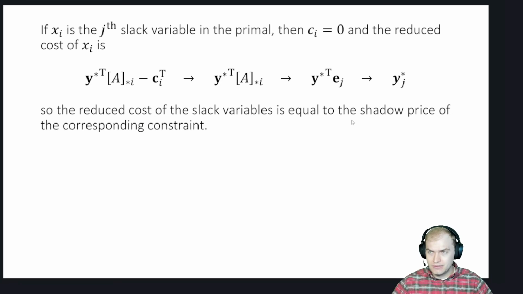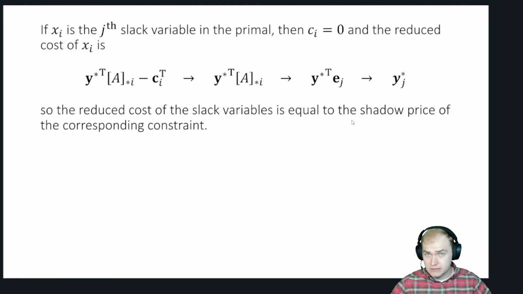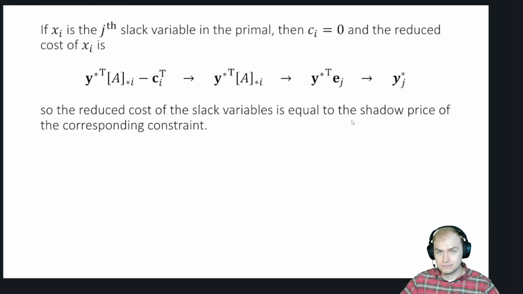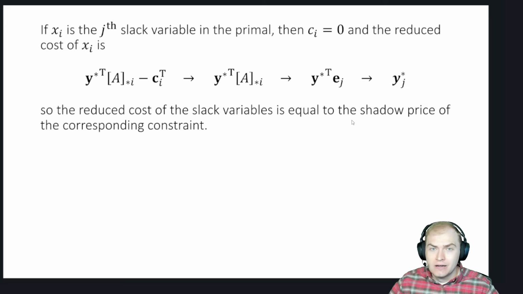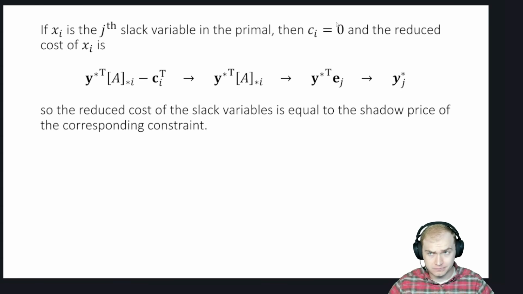Because let's say that x_i is the jth slack variable of the primal problem. So x_i is a slack variable, and it's a slack variable we added to the jth constraint of the primal problem. Then c_i is 0 because it's a slack variable.